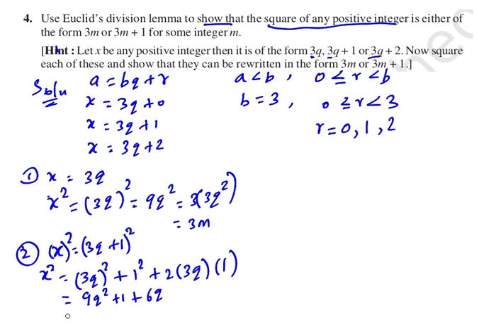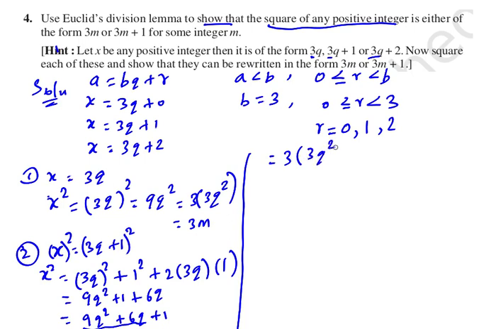So this can be rewritten as 9q square plus 6q plus 1. In the first two terms, if we take 3 common outside, 3 times (3q square plus 2q), and outside plus 1 also there.